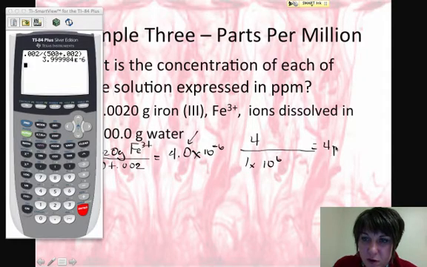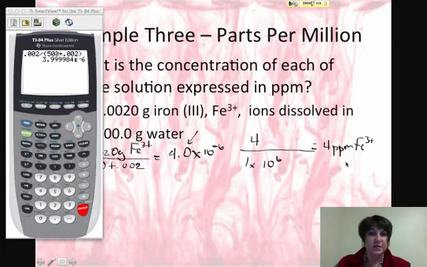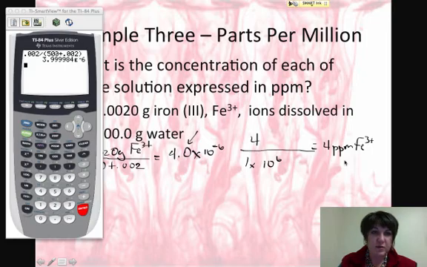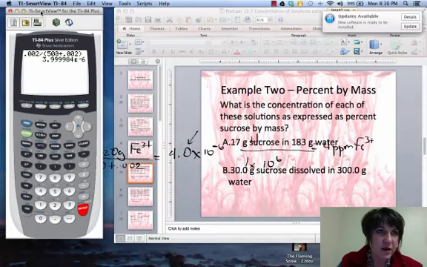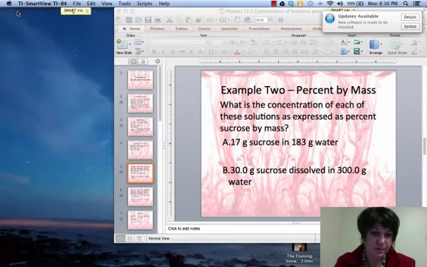So we write 4 parts per million of iron 3 ions. That's called the ferric ion, not the ferrous ion. So that's how we might deal with a parts per million problem. I'm going to skip the next one because we don't use parts per million very often in this class.